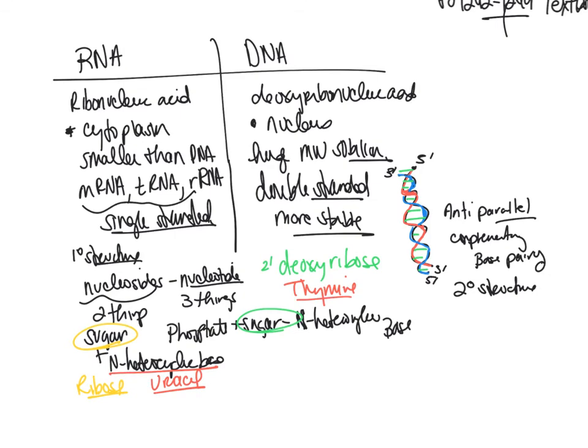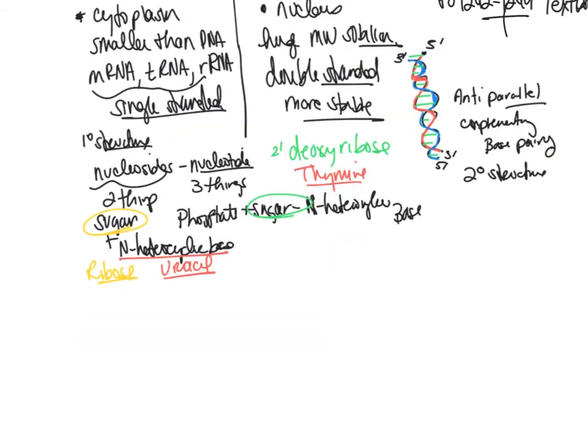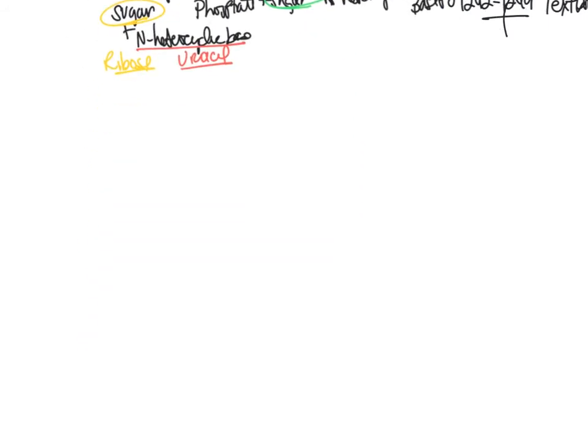And so let's just look at the overall central dogma. So inside your nucleus, you have your DNA, and it's a double helix, and it's in the nucleus.